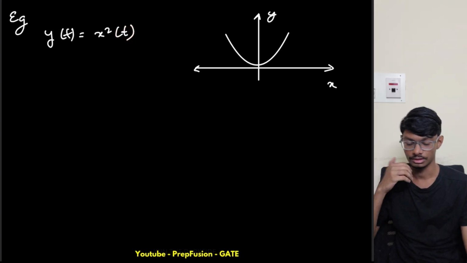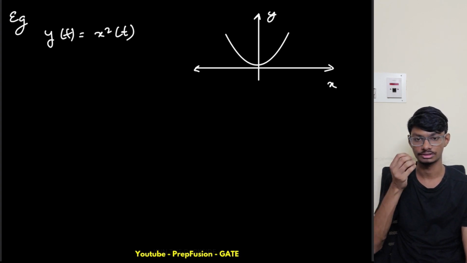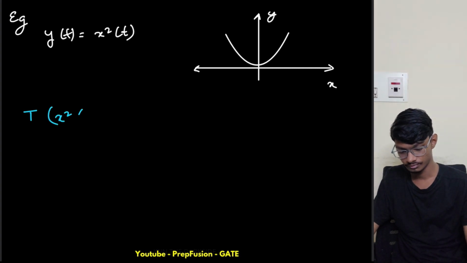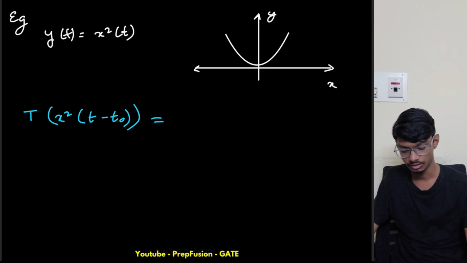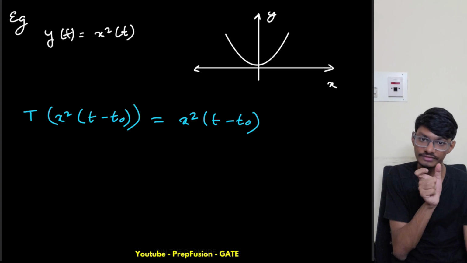In time variant we will understand this concept more rigorously, like what exactly we are doing. If I find the response of x square of t minus t naught, what we will get is basically x square of t minus t naught only. We're just shifting this signal by t naught.